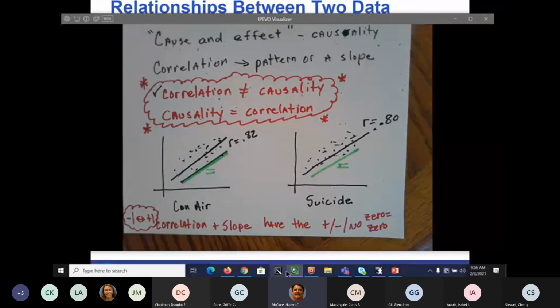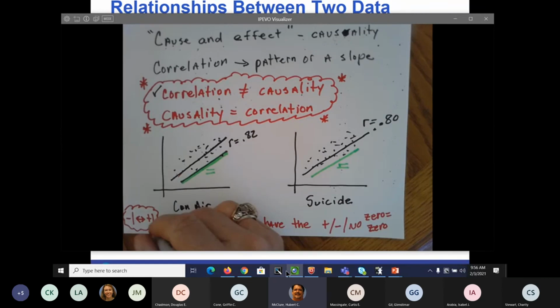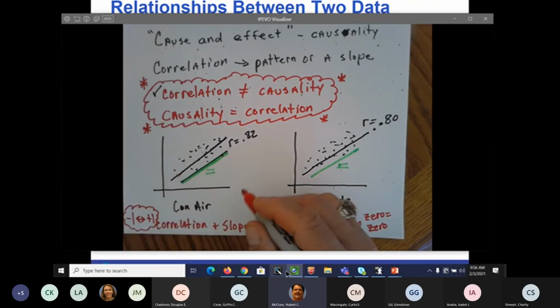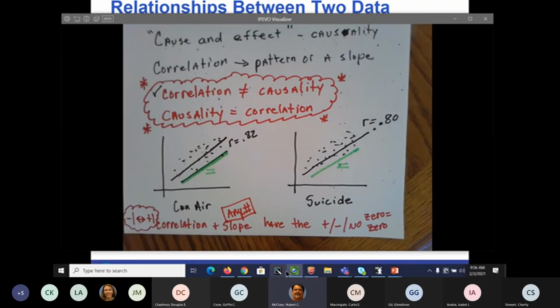A positive slope. Now, the only difference between slope and correlation is that slope can be any number. Slope can go up to 155 million, but correlation goes to +1. It doesn't go past +1, and it doesn't go below -1. Slope can go to any number, but the relationship with slope and correlation is positive, negative, and none.